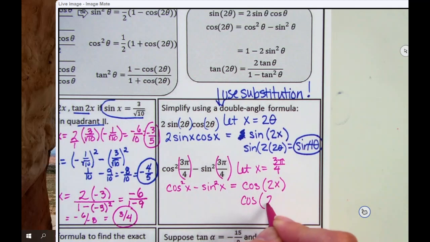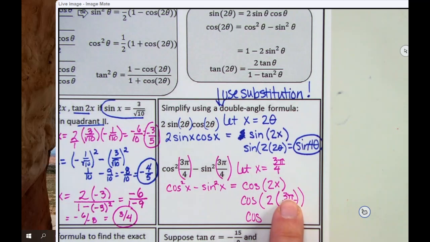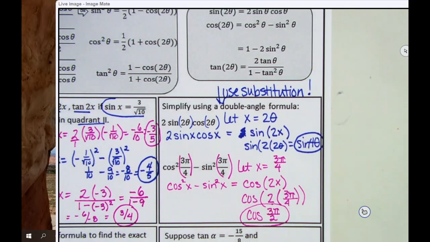Cosine of 2 times 3 pi over 4. Cosine 2 times 3 is 6, divided by 4. And there we're simplified.